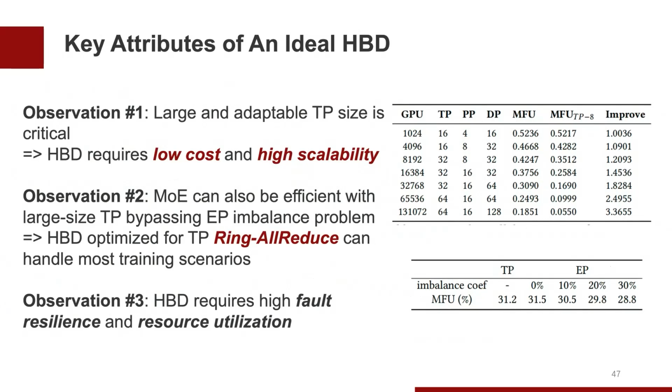It means the HBD doesn't need to be designed for EP with all-to-all communication. Instead, we should just optimize for TP, as ring all-reduce can meet the needs of most training scenarios. And finally, of course, the HBD should also have high fault resiliency and high resource utilization.